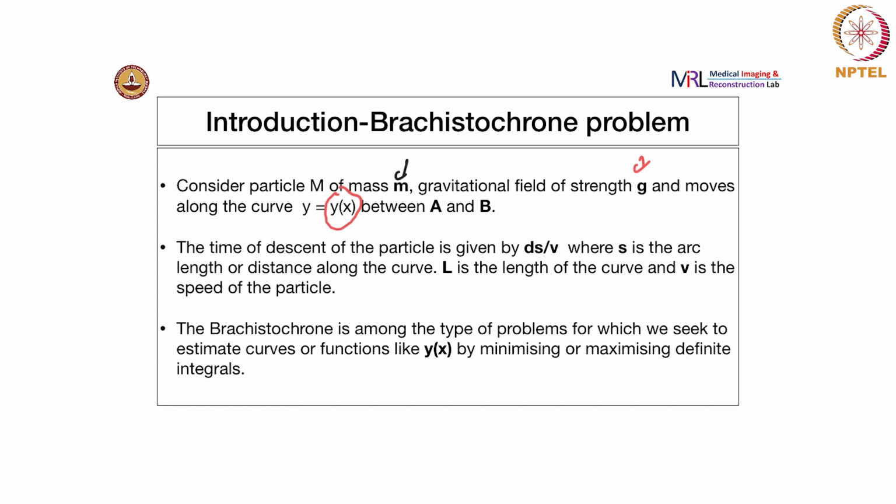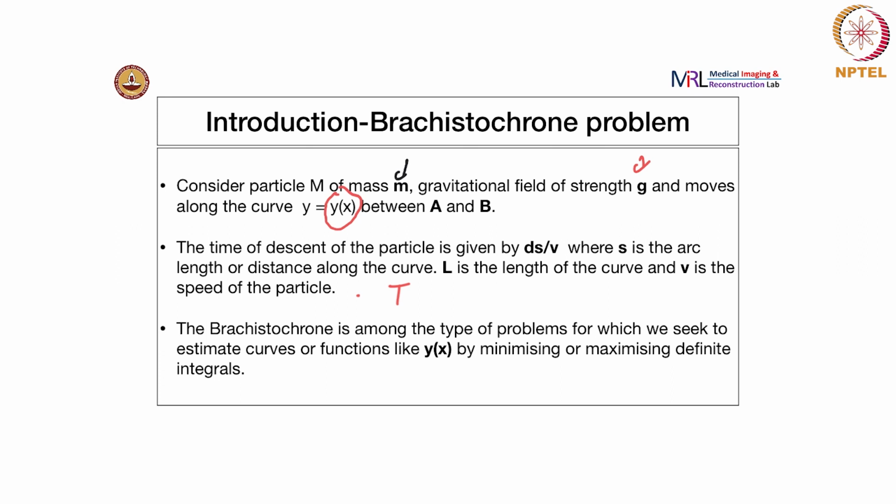The general path is a curved path, so if it travels a distance ds along that curved path, the time taken will be ds over v. L is the length of the curve and v is the speed of the particle. You can also denote the total time taken as capital T. So this is the problem statement.